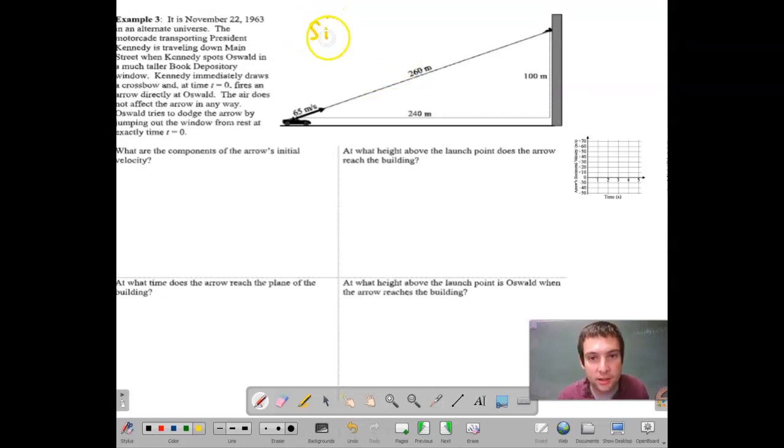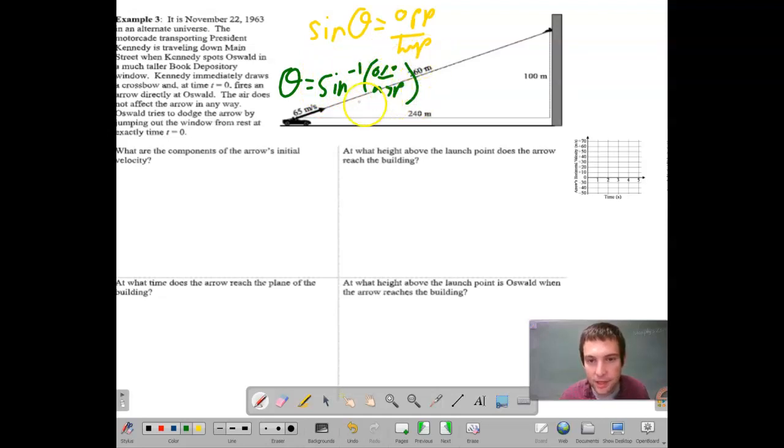Remember, the equation is sine theta equals opposite over hypotenuse. And if I want to get theta all by itself, I'm going to take the inverse of the sine function. So theta equals the inverse of sine of opposite over hypotenuse. And when I do that, I get 23 degrees-ish. So our angle we have now figured out to be 23 degrees.